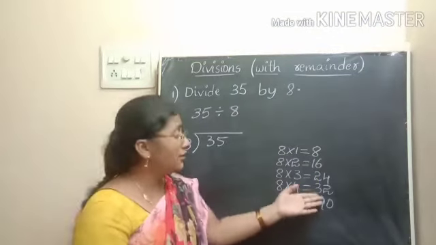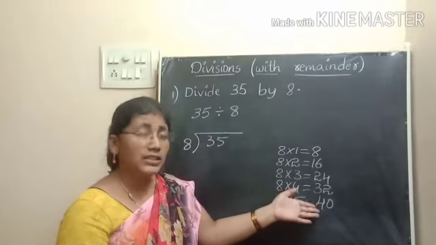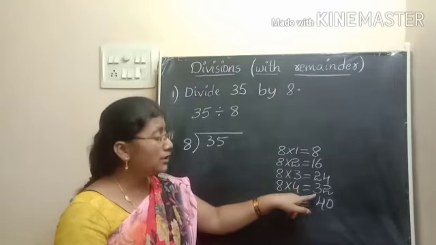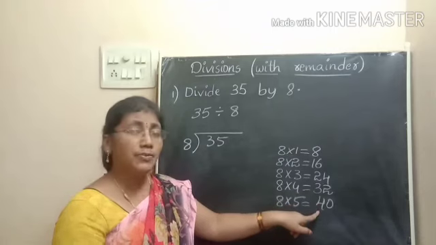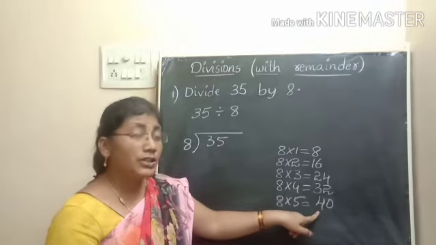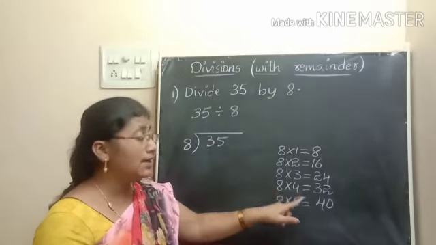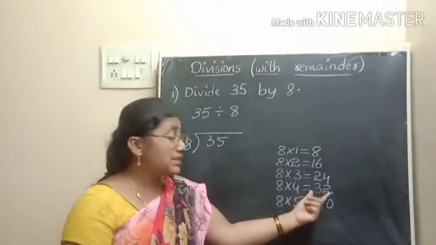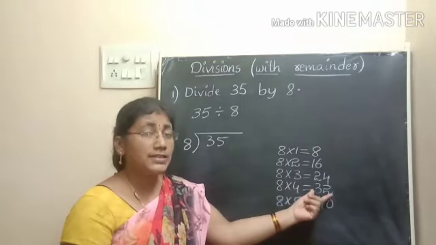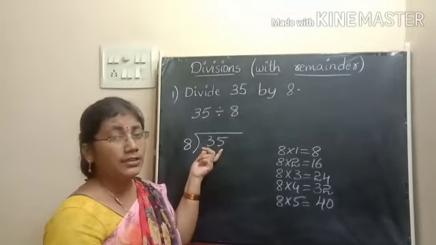Do we have 35 here? No. There is no 35. We have only 32 and next product is 40. So we should take 32. We should always take the step which has the product that is less than dividend.